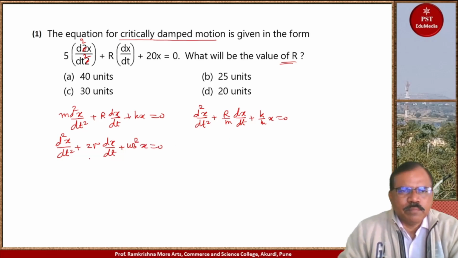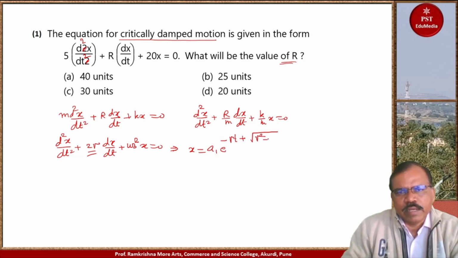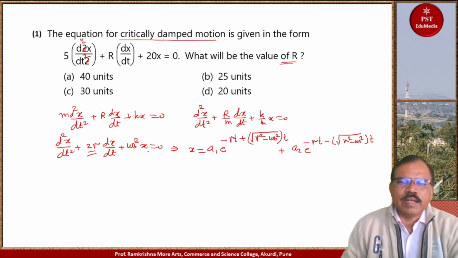So here r upon m is 2 gamma, omega 0 square is k by m, and its solution is x is equal to a1 e raised to minus gamma t plus square root of gamma square minus omega 0 square multiplied by t, plus a2 e raised to minus gamma t minus square root of gamma square minus omega 0 square multiplied by t.